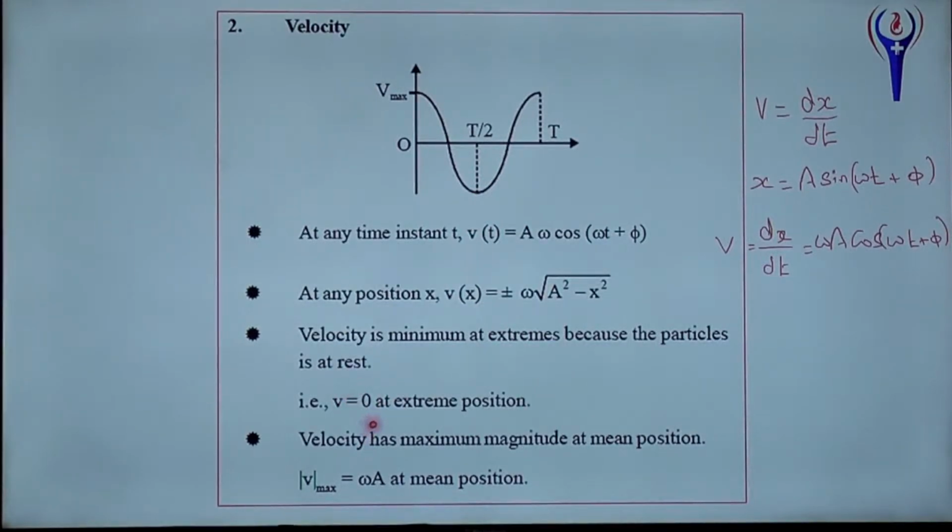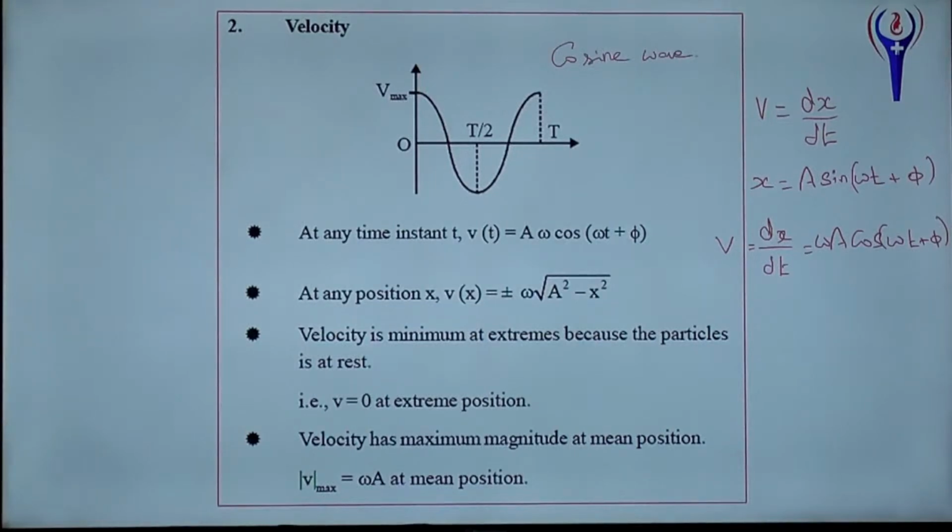That is, v equal to 0 at the extreme position. And velocity is maximum in magnitude at mean position. See, mean position is here, at 0. How is the velocity? Maximum. Okay, at 0 it is maximum. Therefore, velocity follows a cosine wave.